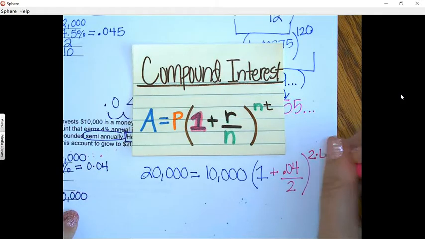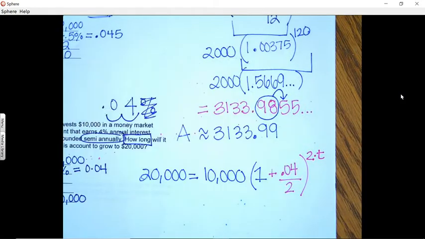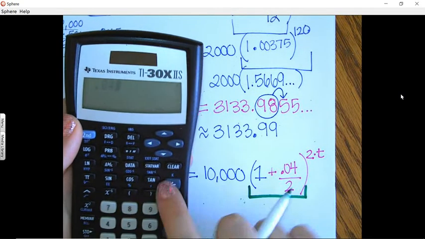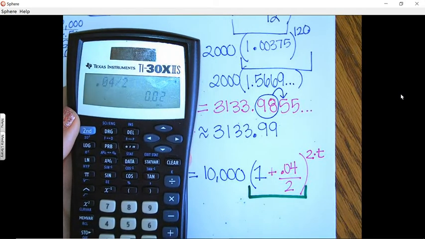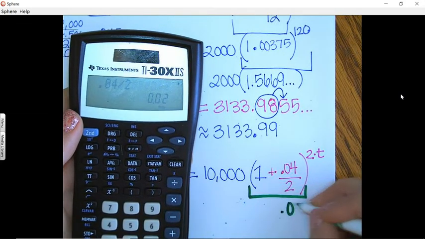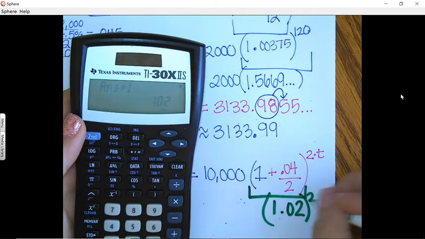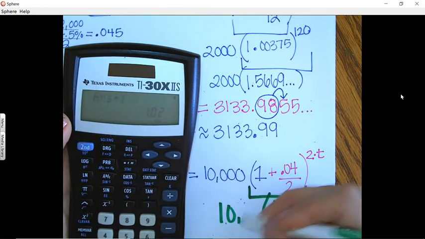And we don't know how long. So we're going to go ahead and simplify. Parentheses go first. So we're going to do 0.04 divided by 2, 0.02, and then we're going to add 1 to it. Bring everything down.